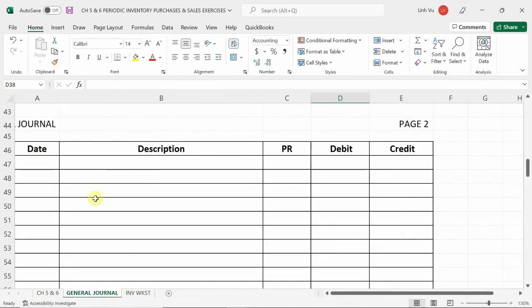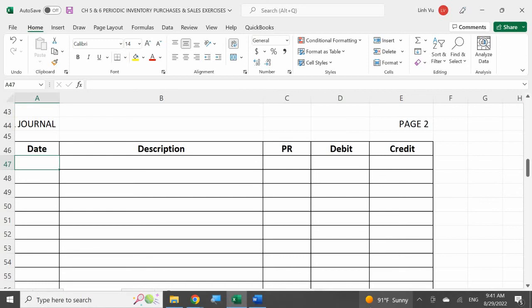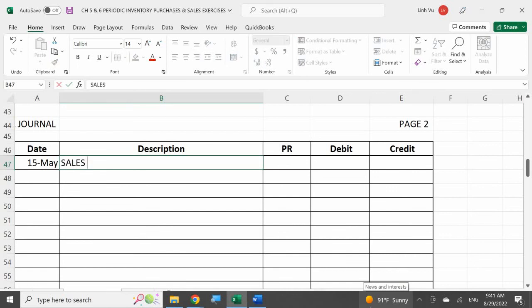So we got sales returns and allowances. And we have to reduce, what else do we have to give back?